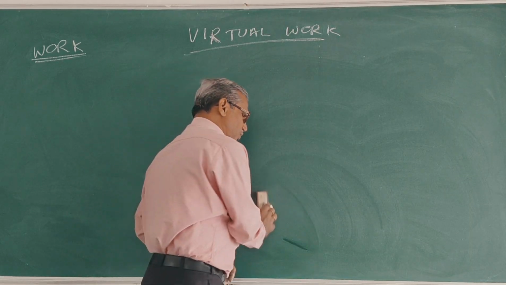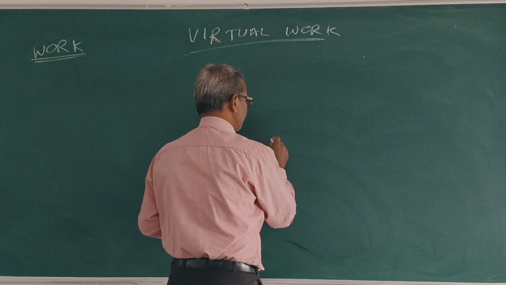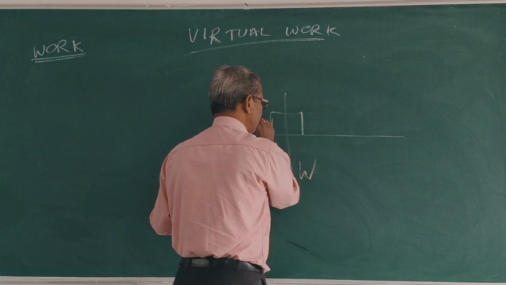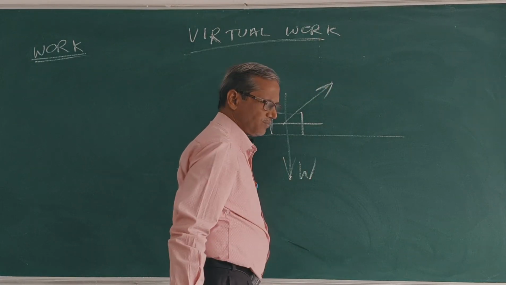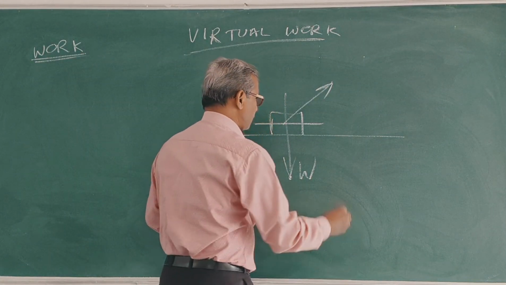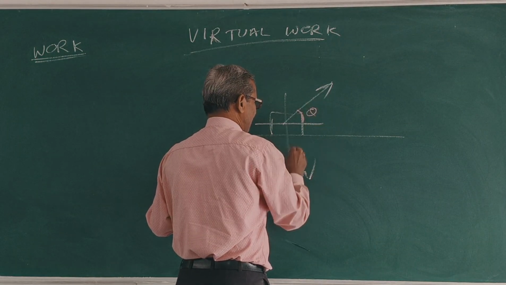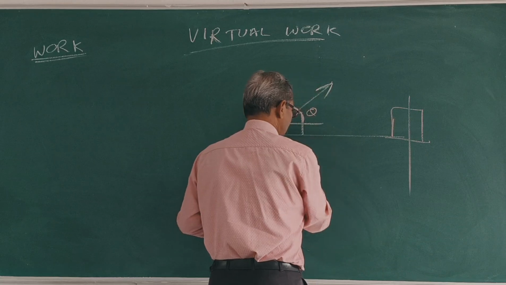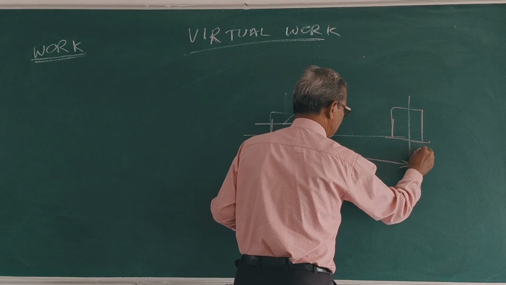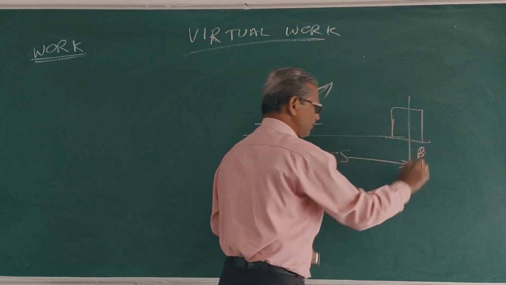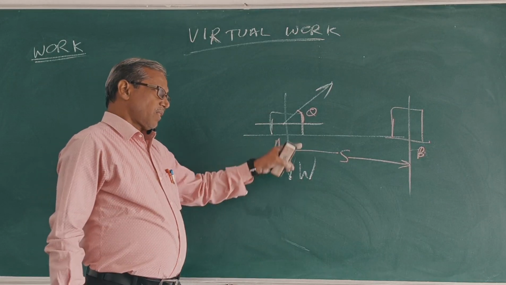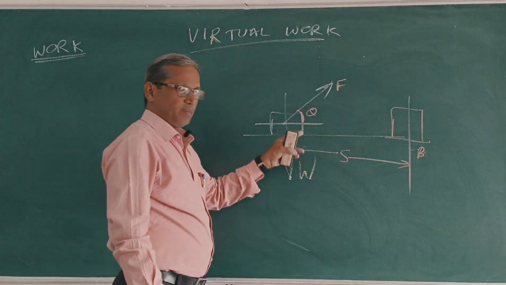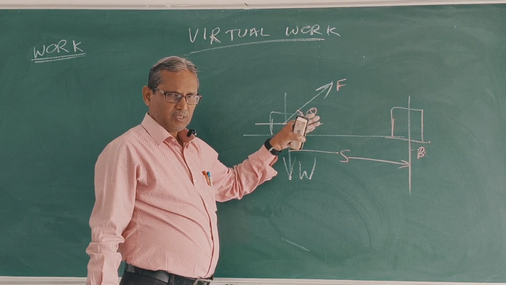If an inclined force is acting on the body, suppose this body has weight W and a force acting on it. As a result of this force, the body moves from A to B through displacement S. Clear? Suppose this force F makes angle theta with the horizontal.